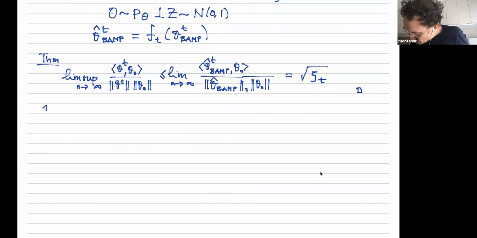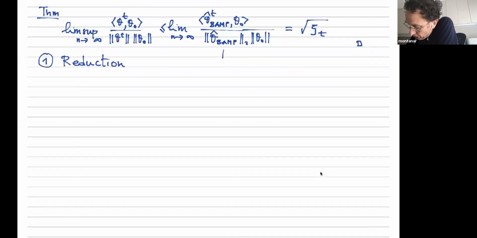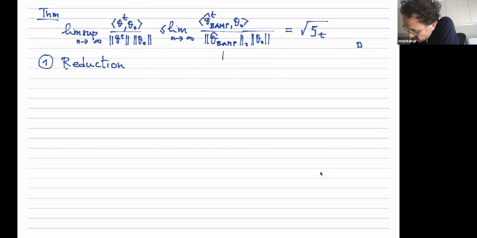The first step is a reduction. By a reduction, what we mean is the following. The lemma is for any GFUM, and here there are some technical assumptions about continuity of the update function that I will not state, but let's say that it produces a sequence of iterates theta bar t.